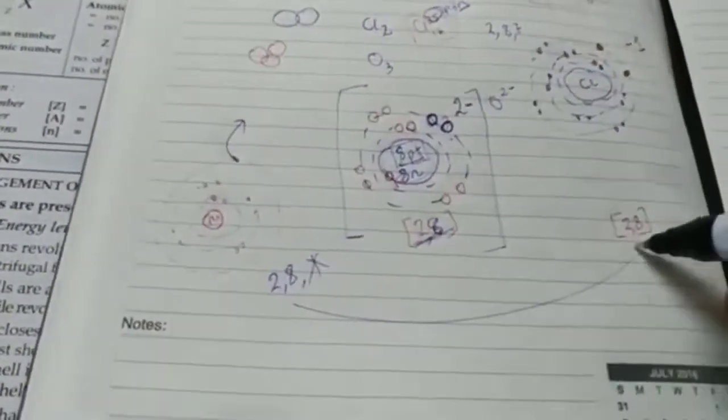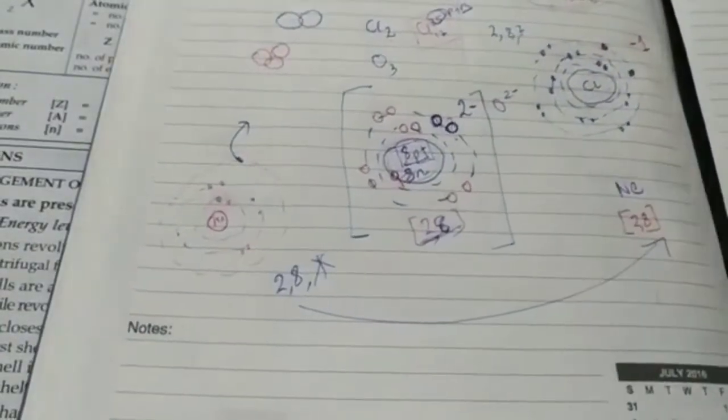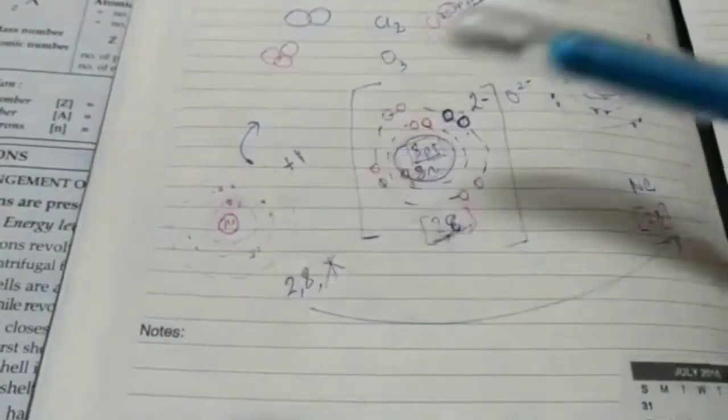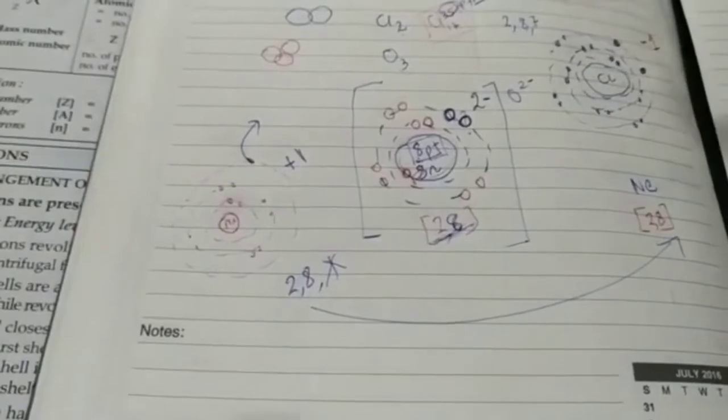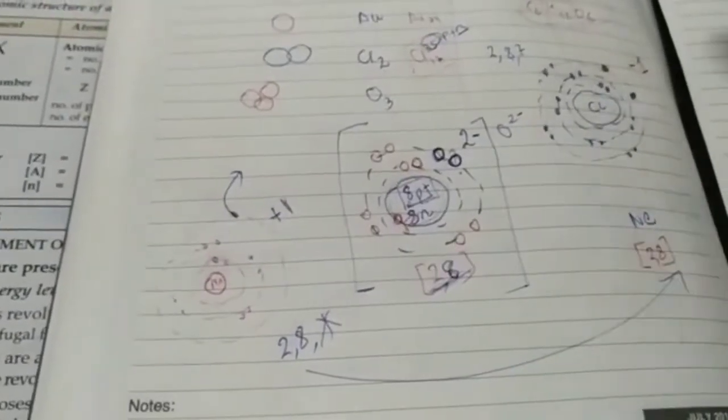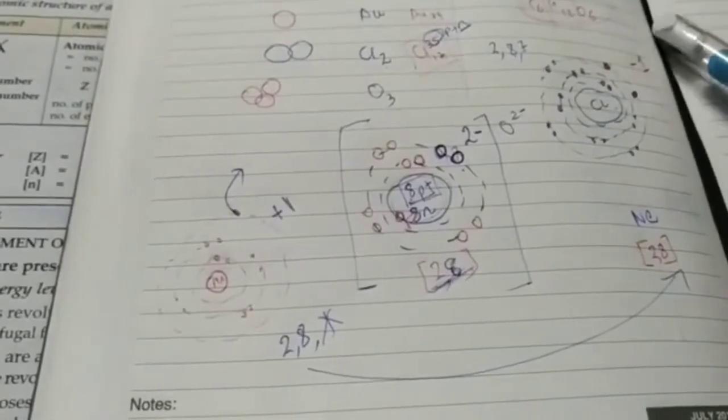That way, it will become stable like neon. So metals always lose electrons to become positive. So they are called cations after they become positive ions, whereas non-metals become anions, that is negative ions. So why are they losing or gaining electrons? To become stable, like the nearest noble gas.